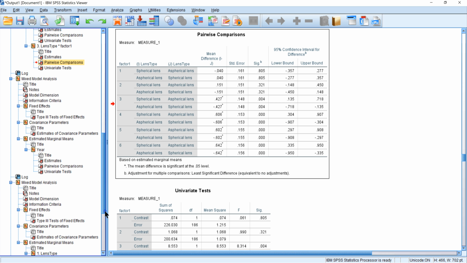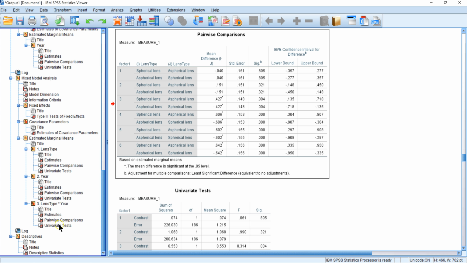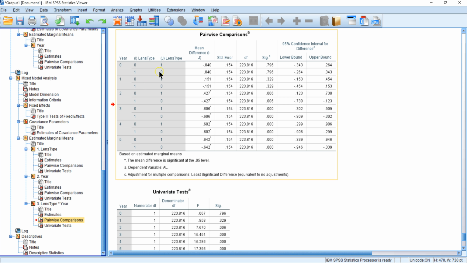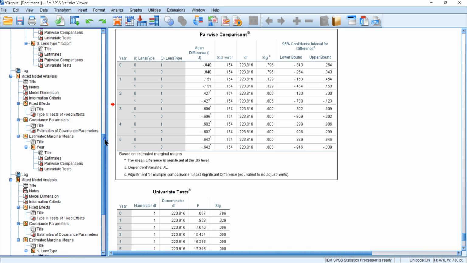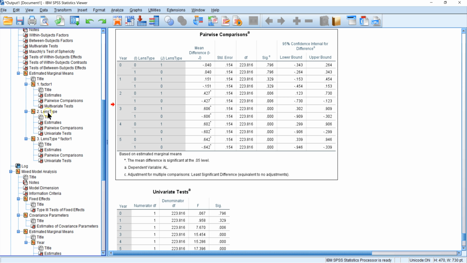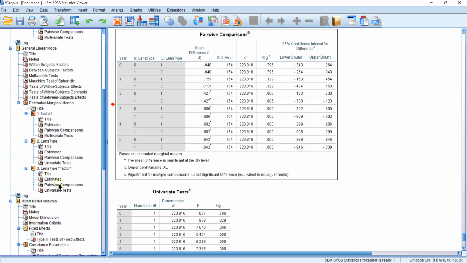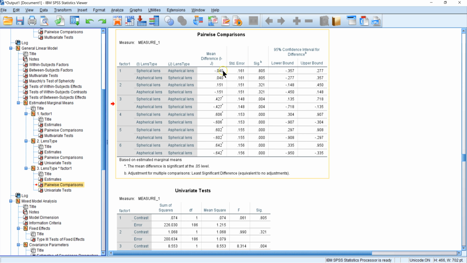So we have 0.154s all the way down, and the general linear model, different ones.